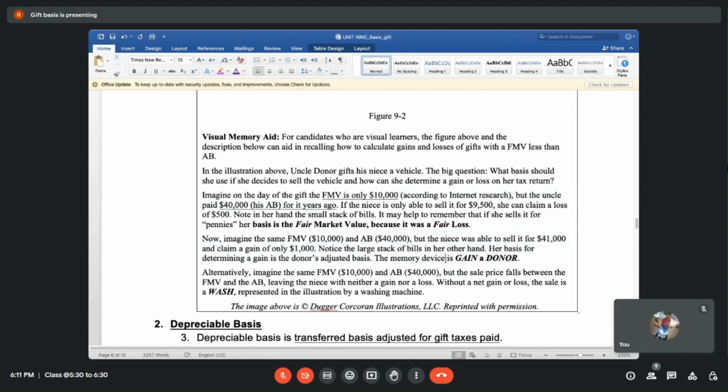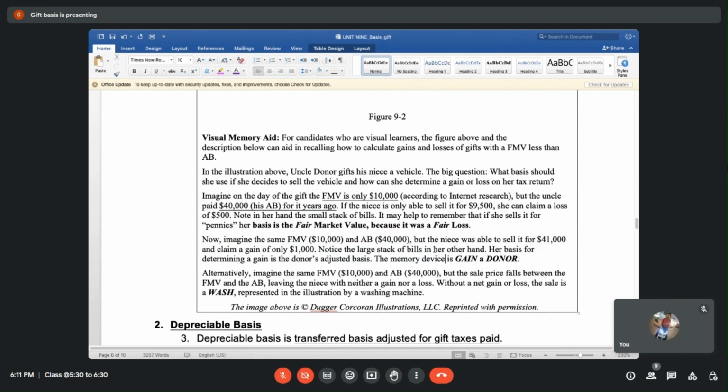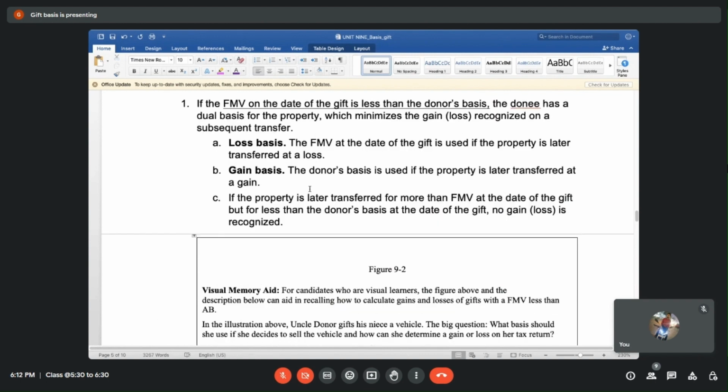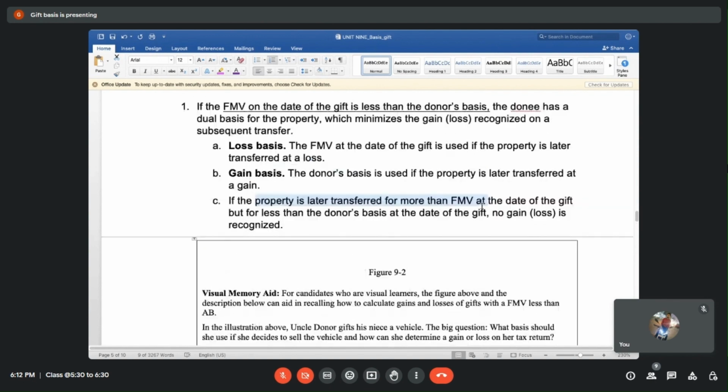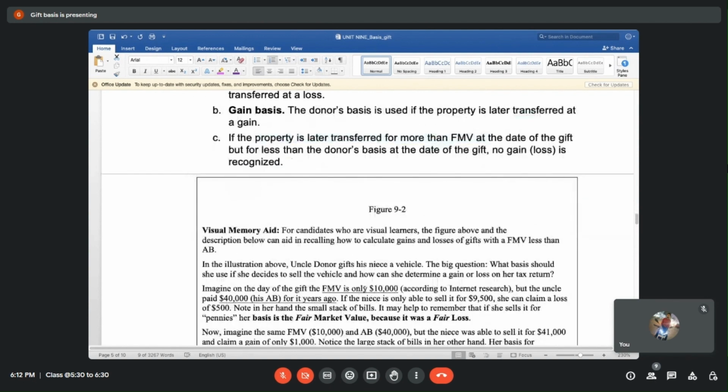Okay. Now we will think about this situation. The property is transferred for more than fair market value, but less than the donor's basis, somewhere in between. So the property will later be sold for some amount which is more than $10,000, but less than 40,000.